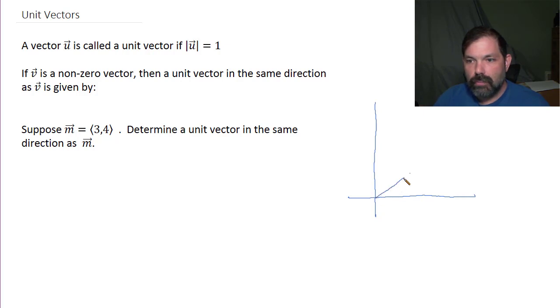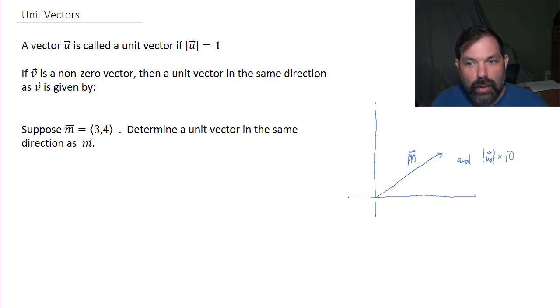So, for example, here's some vector, actually let me change the notation here. Here's some vector m, and let's say it has a magnitude of m. So there's a vector m, and the magnitude of m is 10. So if the length of this is 10, then what I want is a v vector that's in the same direction but has a magnitude of 1.